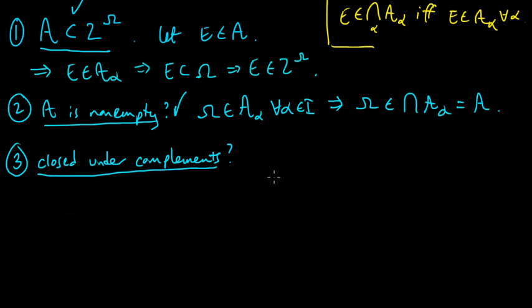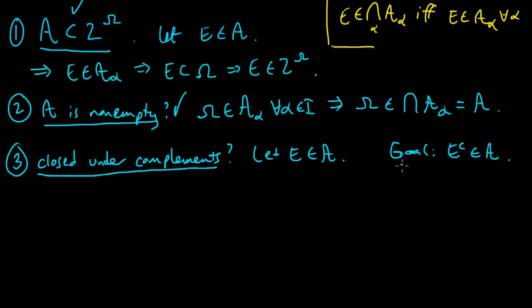Okay, so how are we going to show this? Well, let E be an element of A. To show it's closed under complements, we need to show that for any set E in A, the complement is also in A. If we can show that, then it's closed under complements.